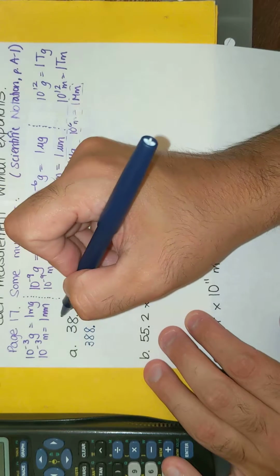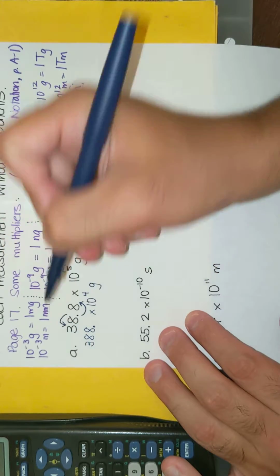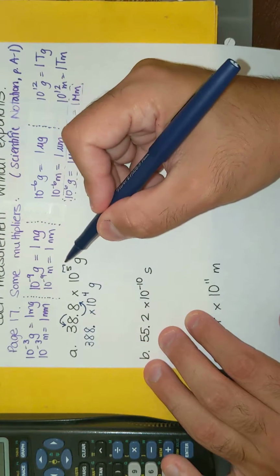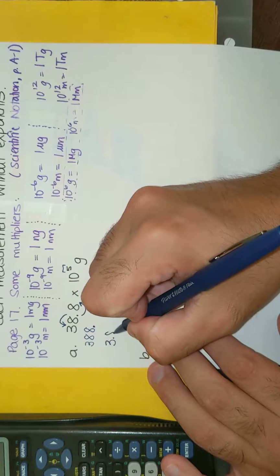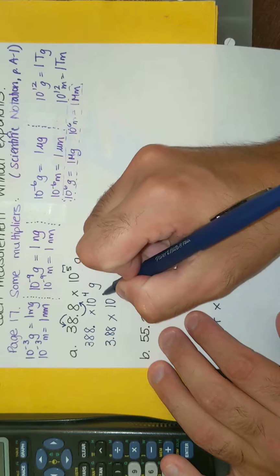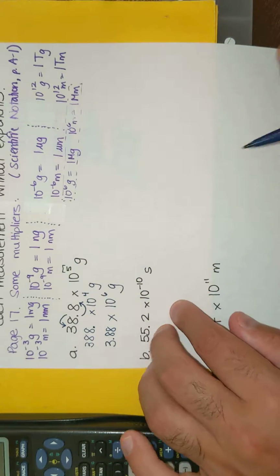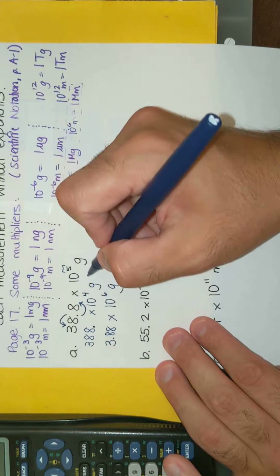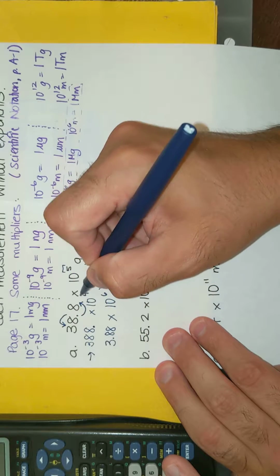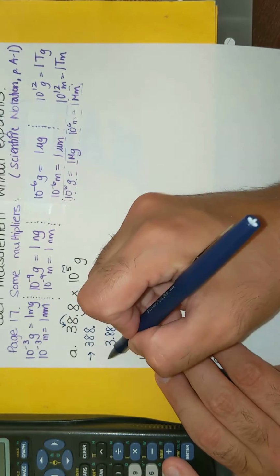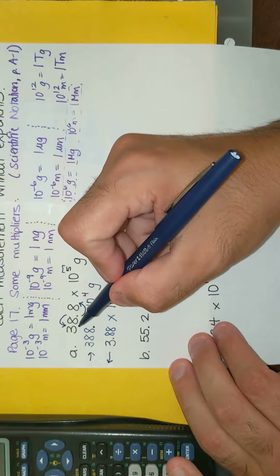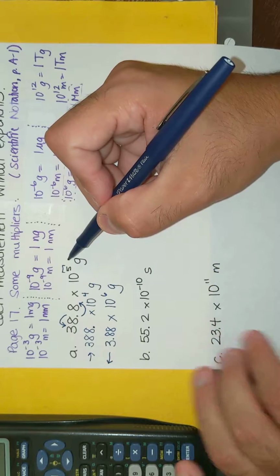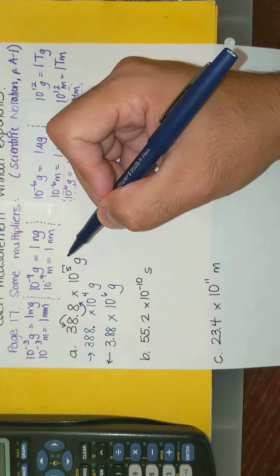Or I could move the decimal point once to the left. If I move it to the left, the exponent goes up by 1. So I could do 3.88 times 10 to the 6th gram. Right? So I'm just showing you if I move it to the right 1, my exponent goes down. If I move it to the left 1, my exponent goes up. If I'm making this number smaller, I'm making my power of 10 bigger.